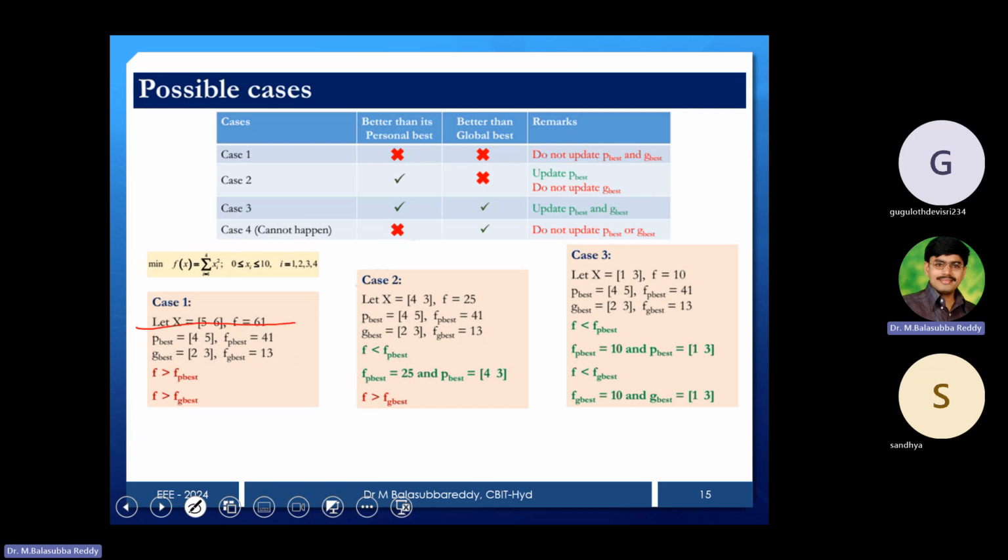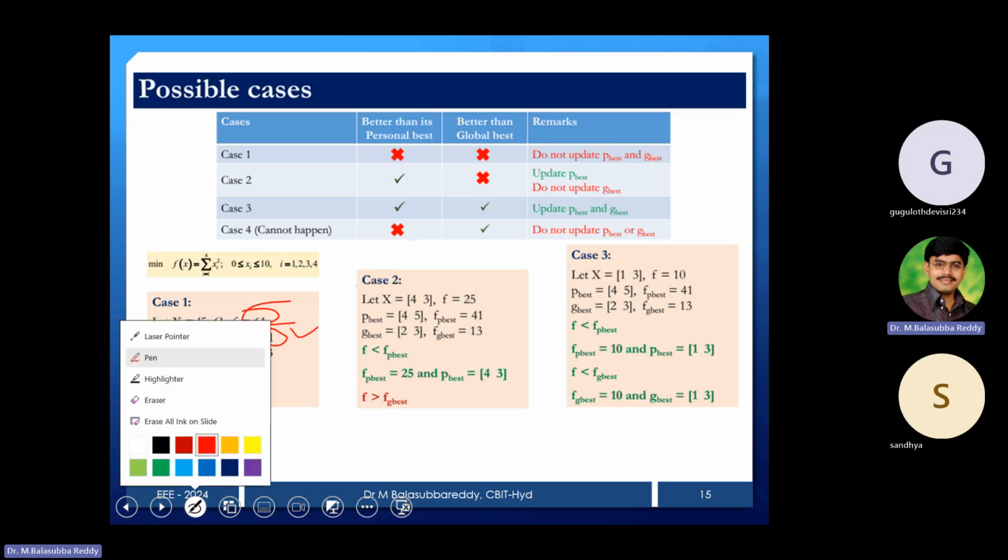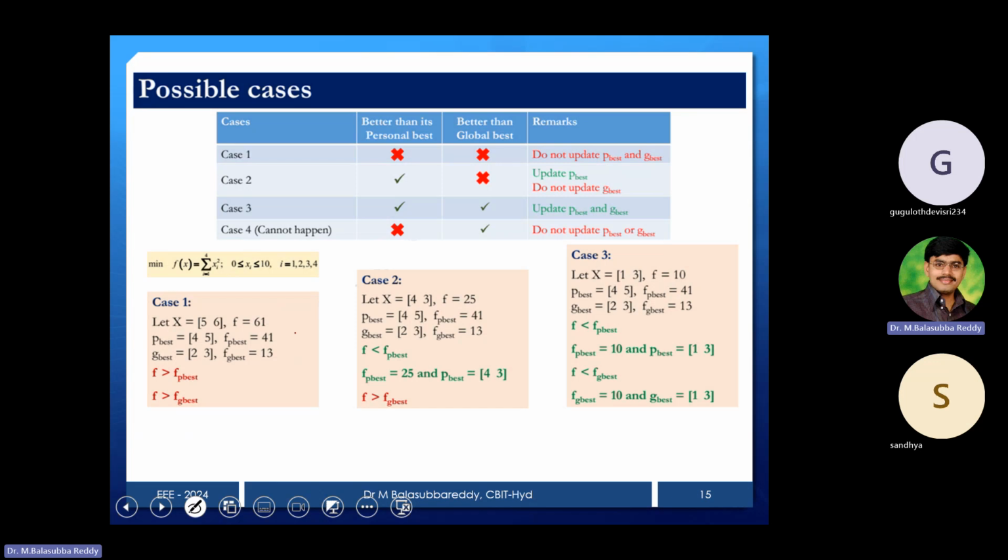Now we can see what we ought to do, whether it is going to update or not, which is decided by the function value. Here the function value is 61. So what will happen? 61 is greater than the P best value, which is 41. So we don't want to update because the earlier one is the better solution. The first attempt maybe got an A grade and this one may be a B grade.